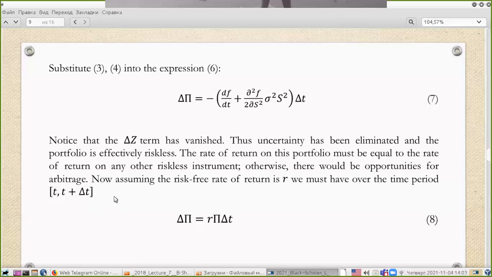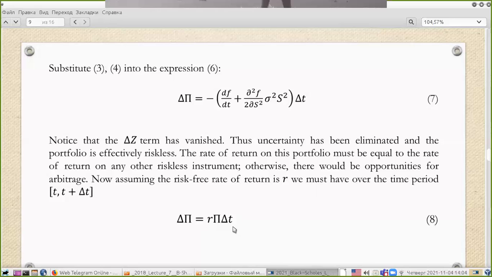So now, assuming that the risk-free rate of return is a little r, we can write that the change of the portfolio equals r P delta t. What does it mean? It means we deposit the value of the portfolio P with interest rate r during the time delta t. Yes, it's a formula.